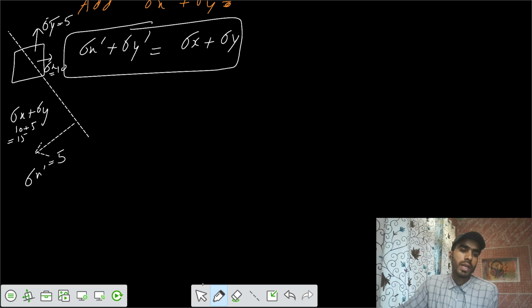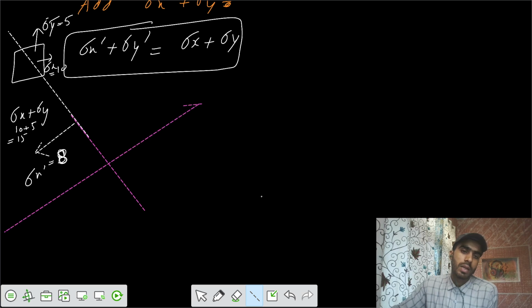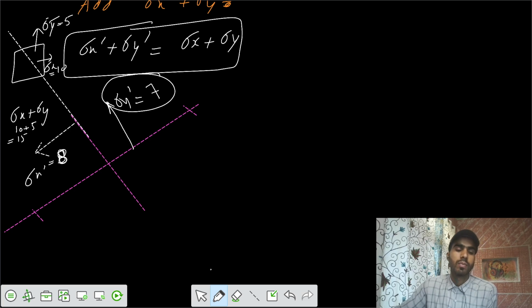The final value should be 15. Let's say sigma x dash came out to be 8. Now there's one more plane perpendicular to this plane, with some stress acting on it, sigma y dash. That has to be 7, since 8 plus 7 is 15. That's what is called stress invariance.